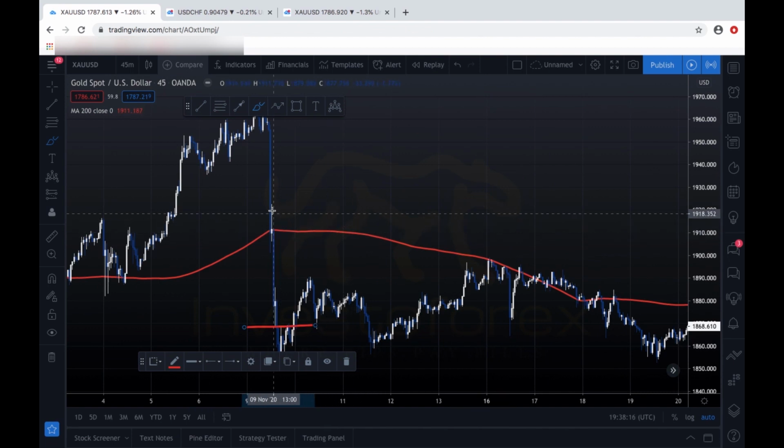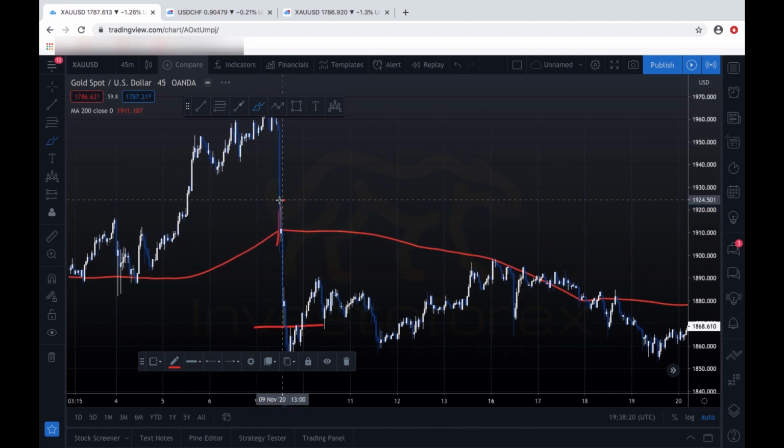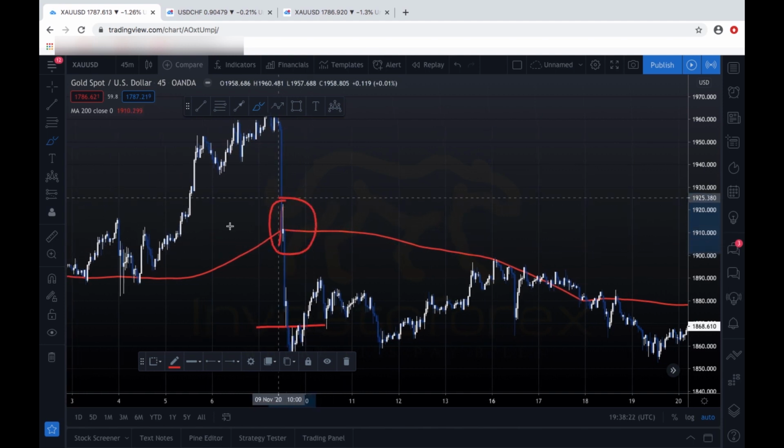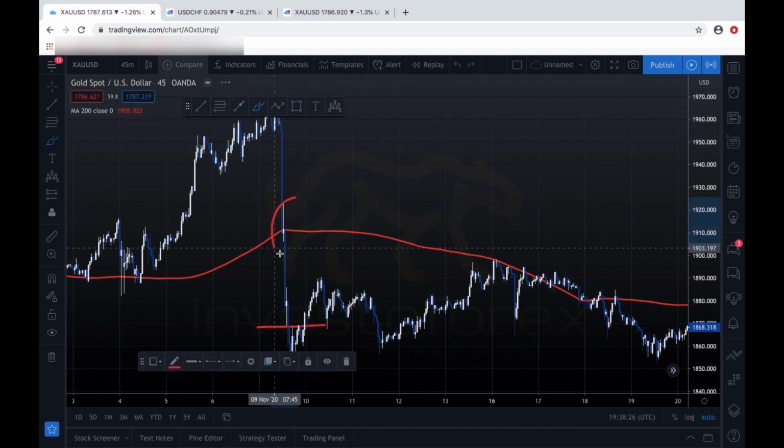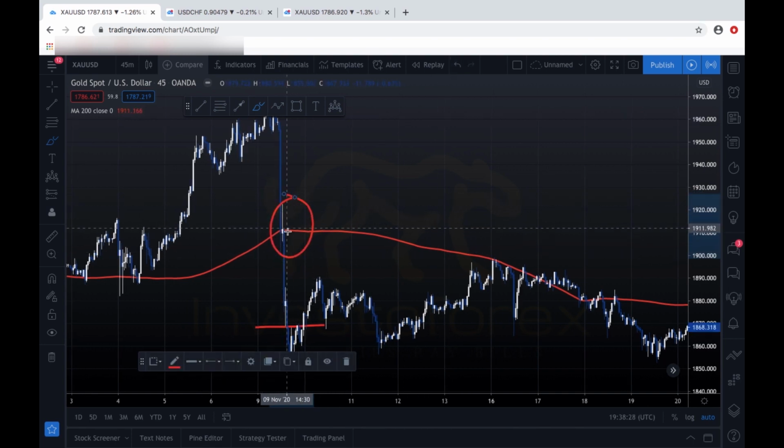Over there was a breakout, here at this point, this area. The next candle to the breakout candle broke its low. So now we can take an entry here. And over there, we can put our stop loss.